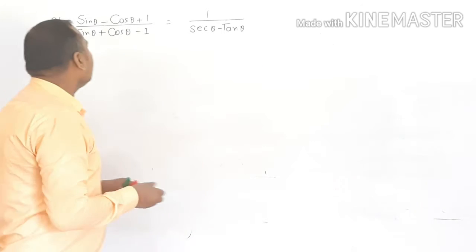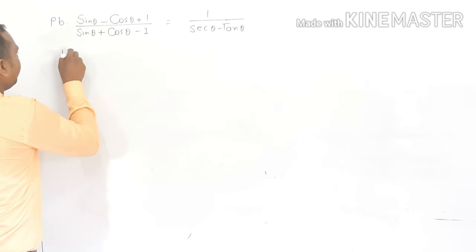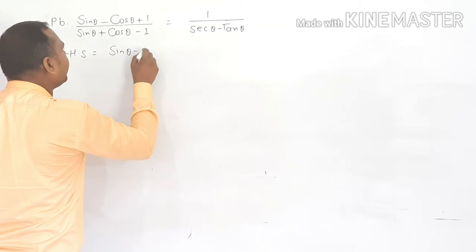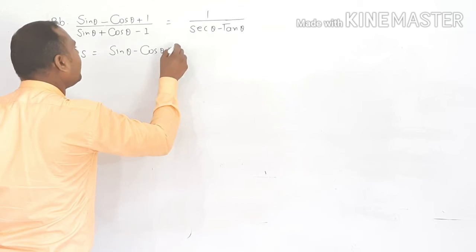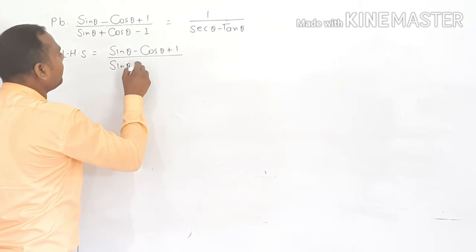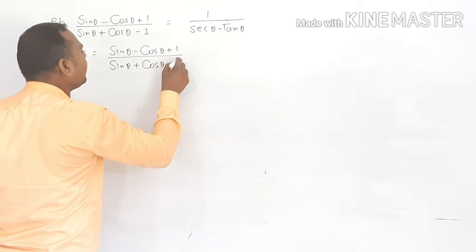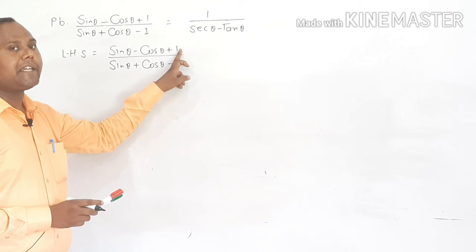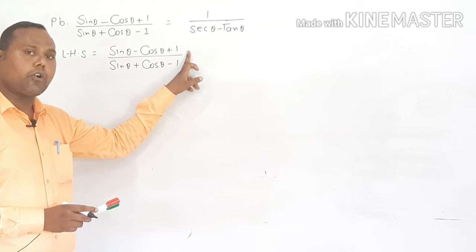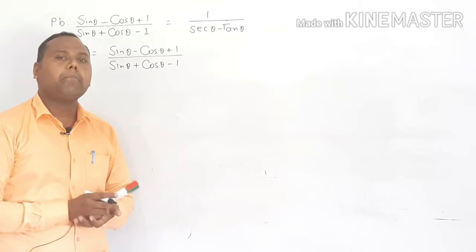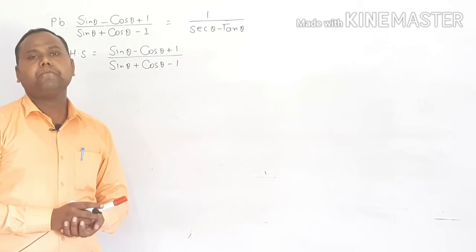So LHS will be equal to (sin θ − cos θ + 1)/(sin θ + cos θ − 1). Why can't we use 1 as sin² θ + cos² θ? Because sin² θ + cos² θ is a little bit complicated for finding the common part.